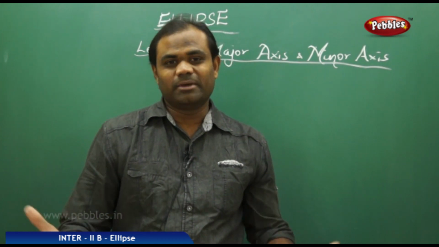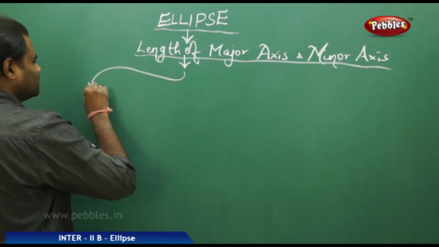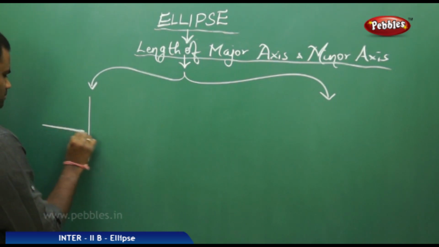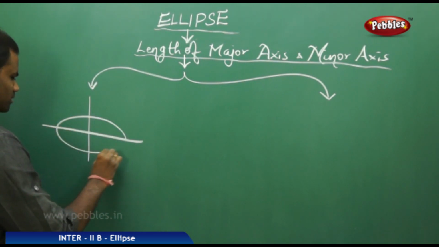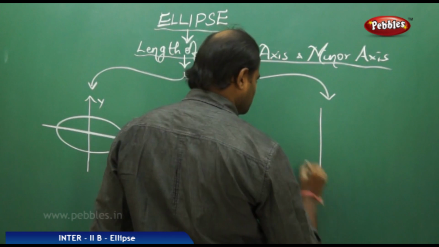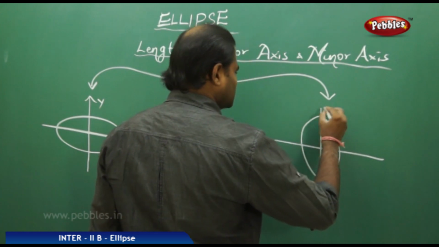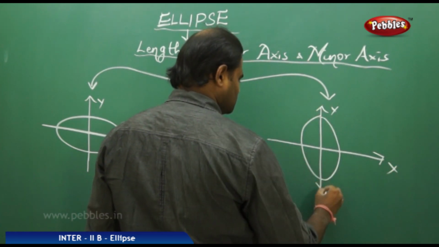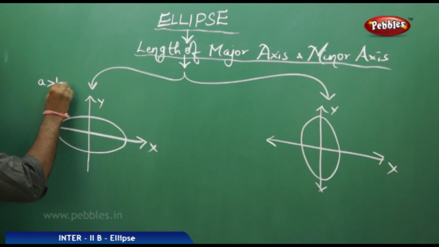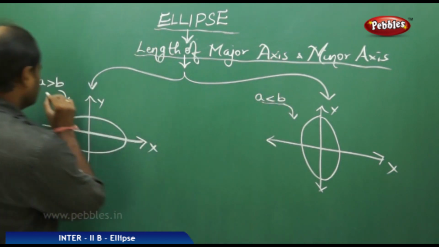Now let's see the length of major axis and minor axis. As we have two cases here of the ellipse, which is in this form, and here the ellipse, which is in this form, we see that these two are the cases here with a greater than b, and this with a less than b.